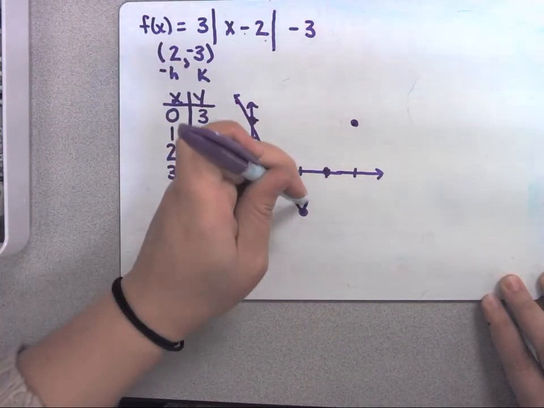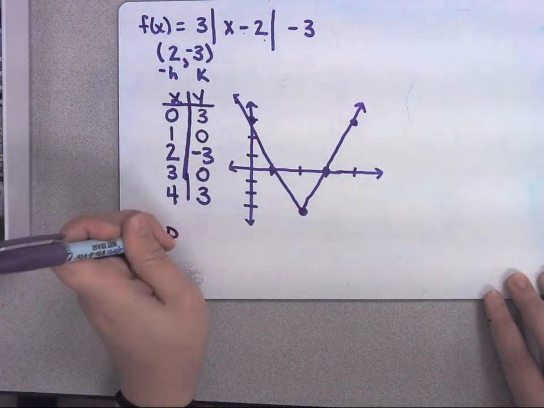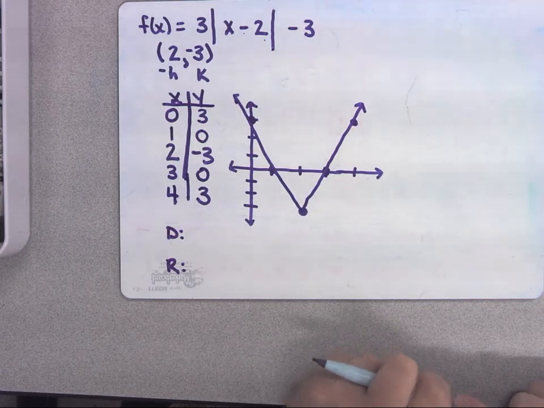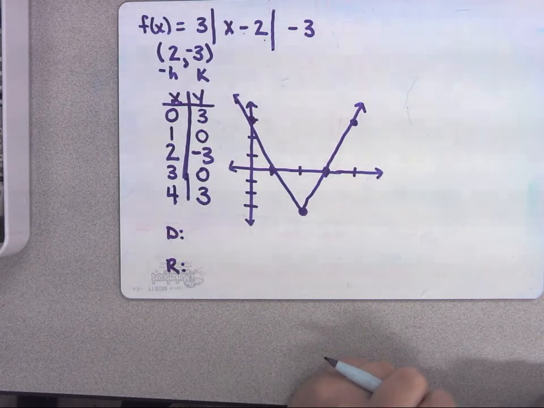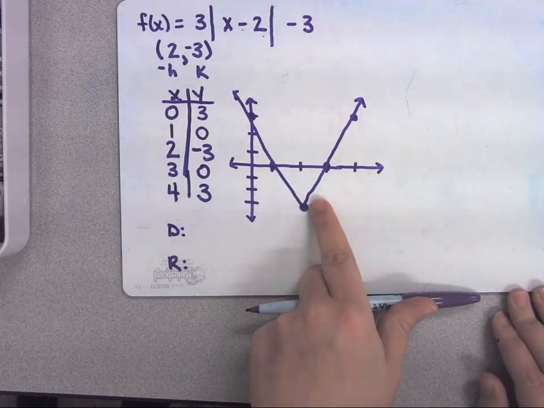It would help if I could draw a straight line. Is your picture looking like mine, minus the lines and the straightness? I don't know what happened right there, but I got a little sketchy.